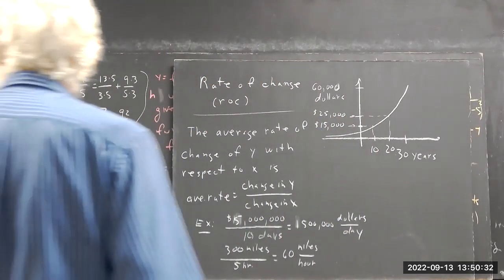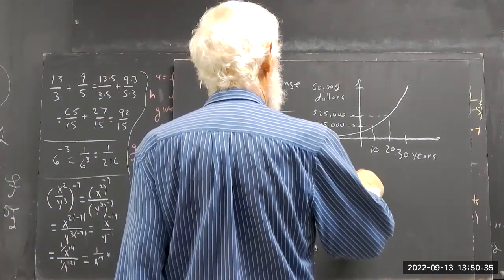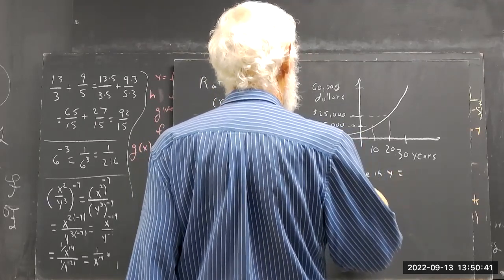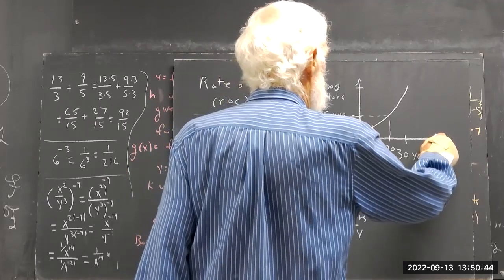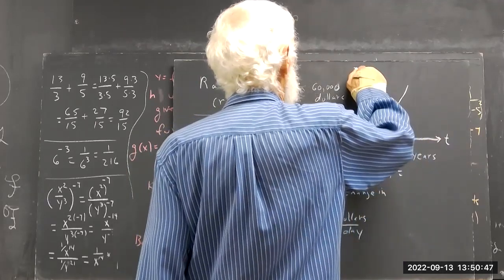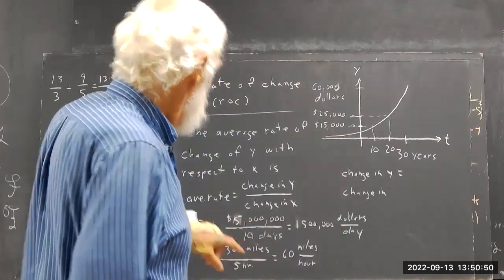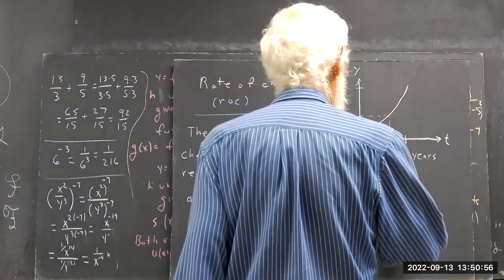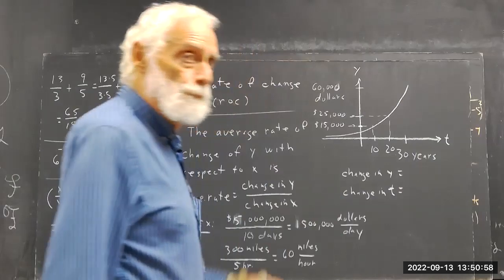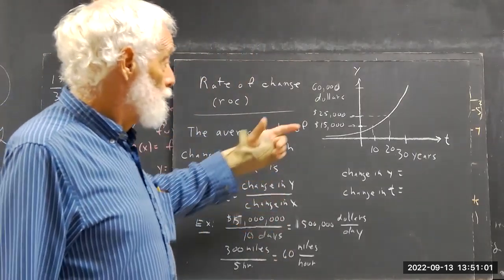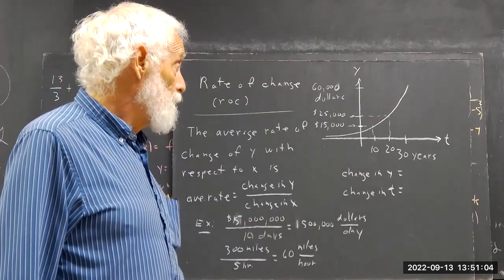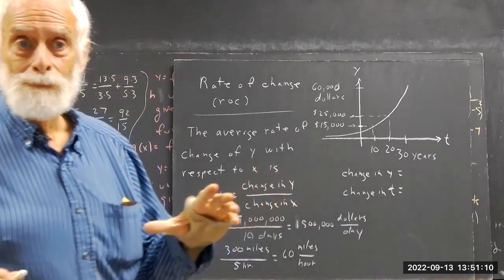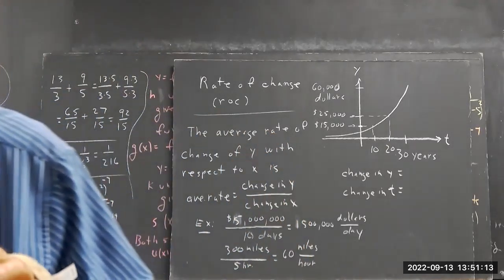Now, what's the change in what? This is time, I'm going to use t instead of x. So it's y and t, but it's going to be change in y divided by change in t, right? What's a change in y? What's a change in t? According to my numbers, what was the change in y? Show me with your fingers how many tens of thousands of dollars. Okay, $10,000, right?